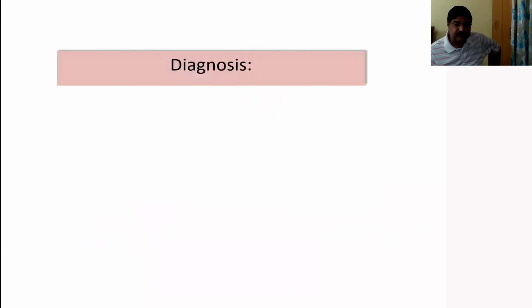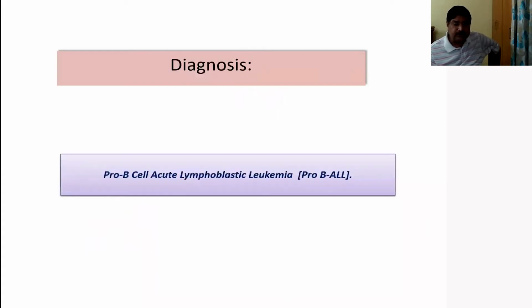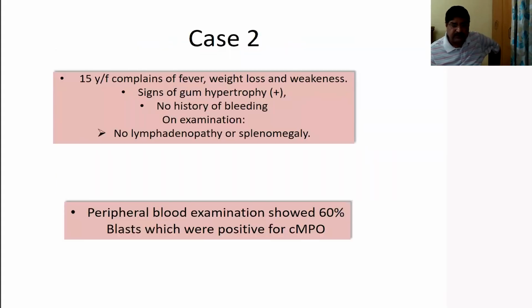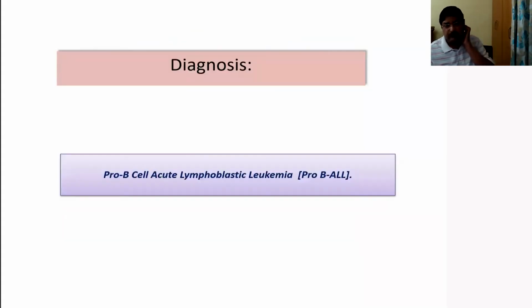So what is the diagnosis? The diagnosis is acute lymphoblastic leukemia. Since the CD10 was negative, we call it pro-B cell acute lymphoblastic leukemia. If CD10 would have been positive, you would have called it precursor B cell acute lymphoblastic leukemia, or BCP-ALL, meaning B cell precursor acute lymphoblastic leukemia.